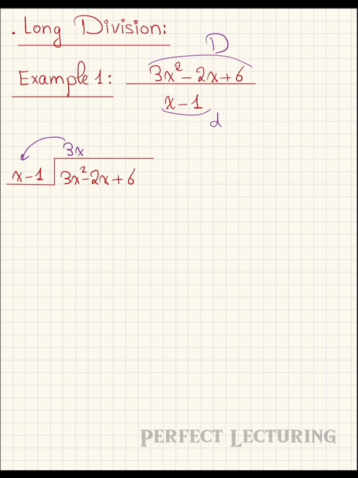Second step, I multiply the answer by the divisor. In other words, I distribute it over the divisor. So 3x times x becomes 3x squared, and 3x times -1 is -3x. Third step, I change the signs of the answer that I got.